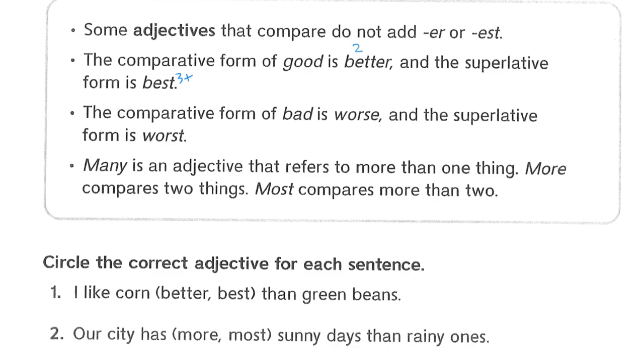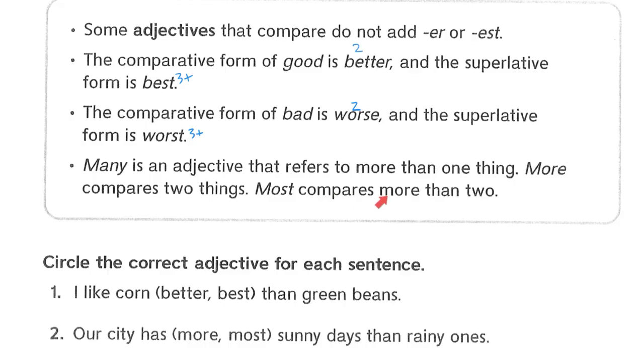So the comparative form of bad is worse, and the superlative form is worst with a T on the end. And once again, if I'm comparing two things, I'm going to use worse. If I'm doing more than two, it'd be worst. So, and many is an adjective, this word many right here. That is an adjective that refers to more than one thing. More compares two things.